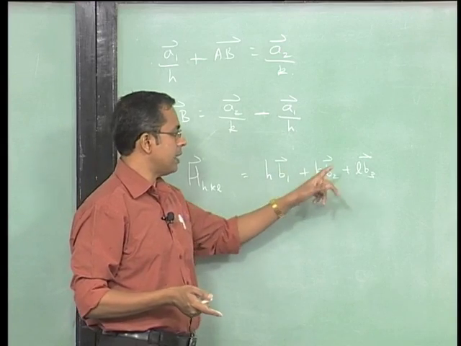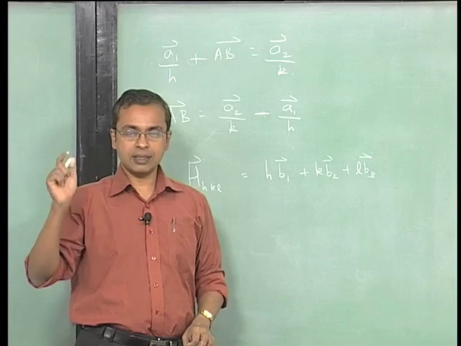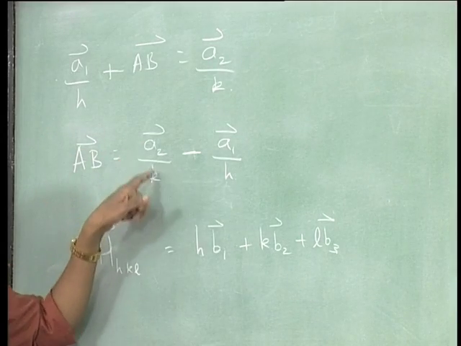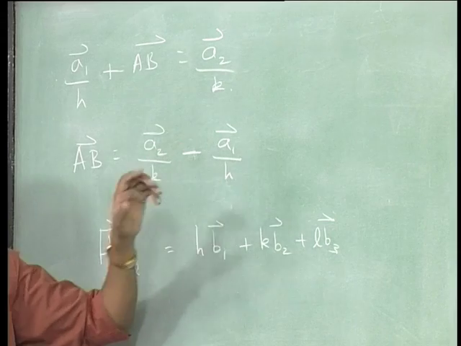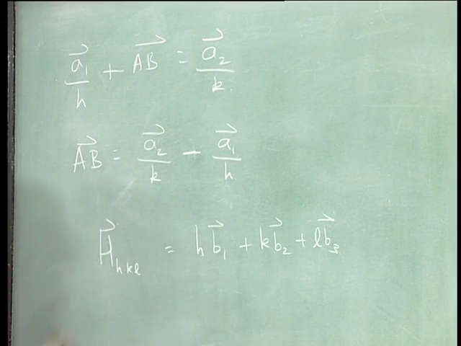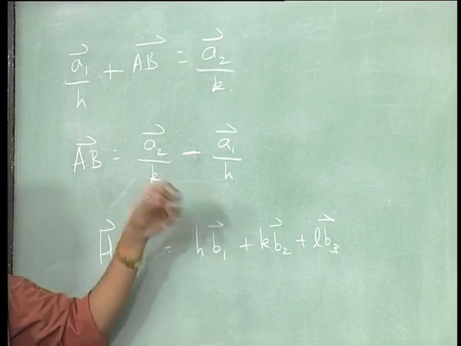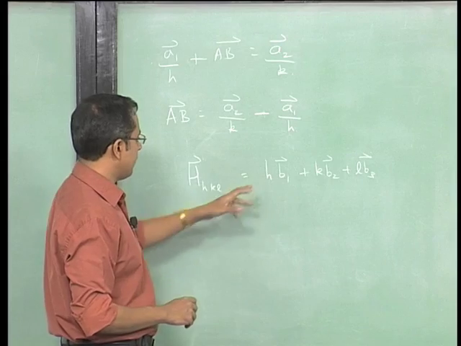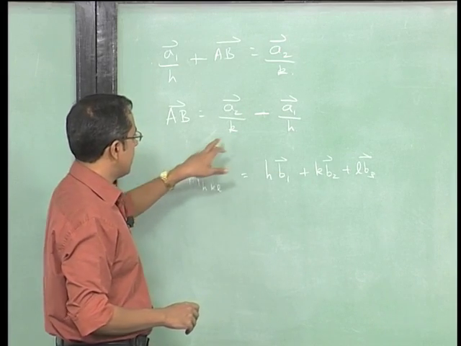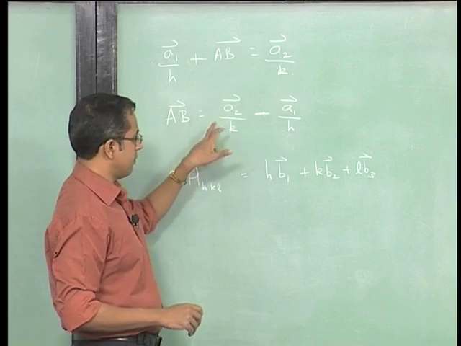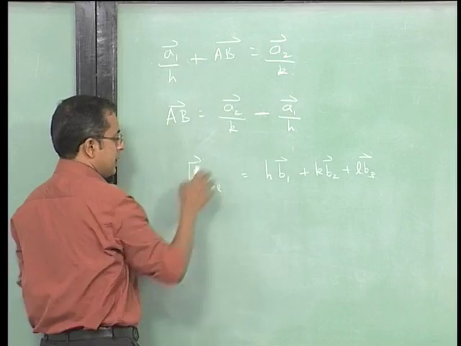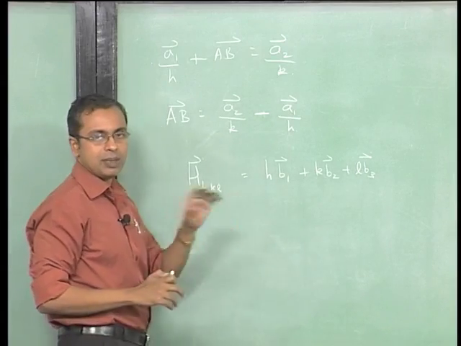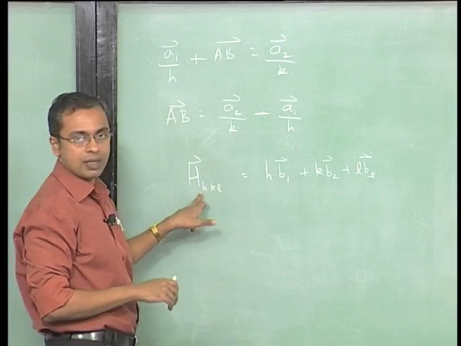Therefore HB1 plus KB2 plus LB3 is now a reciprocal lattice vector, whereas when you use the H, K and L, which are just integers, in the real space, A2 by K and A1 by H, if you take this difference which is AB, it is a real lattice vector, because these are just integers which you are using in the real space. But they are the same integers at this time. We have the same H, K and L being used in two different places. The HKL plane results in this relationship, and the same HKL values we have now used for this definition, although we have got no significance for it yet. We are enforcing the same HKL in this definition for HKL.